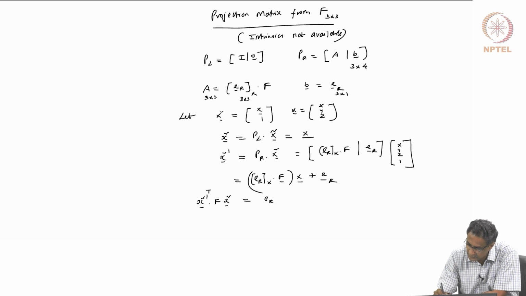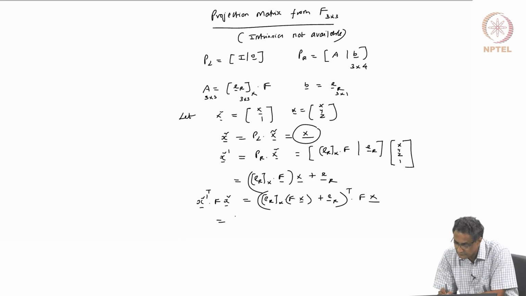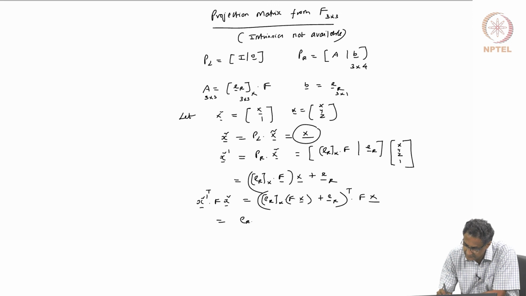This will be equivalent to ER cross F X, the whole transpose, plus ER the whole transpose, and then F X tilde, but X tilde from here is X. So, this becomes F X. Well, one other thing we can do is write this as a cross product of ER with this vector F X, and this whole transpose is this guy.